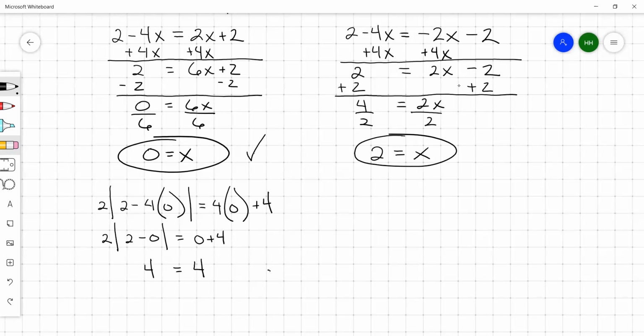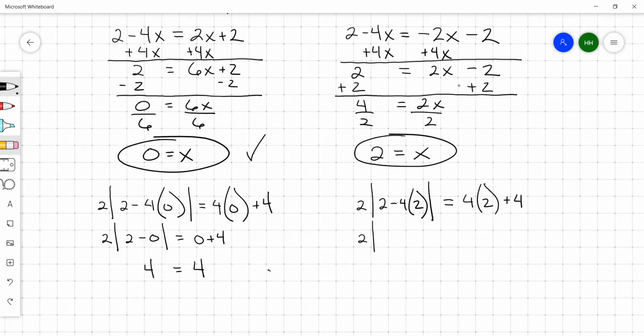Now we have to do the same thing with the other solution. So we're going to take 2 times the absolute value of 2 minus 4 times 2 is equal to 4 times 2 plus 4. We get 2 times the absolute value of, inside the absolute value symbol is 2 minus 8.